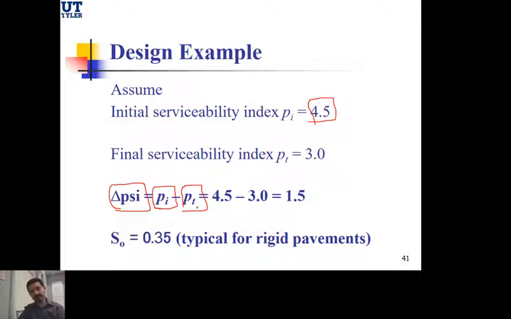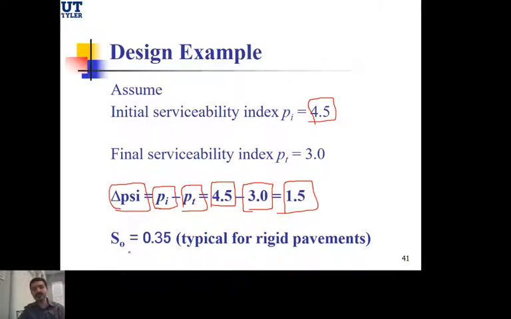So if you go back to this example, it's an interstate. For an interstate, the terminal serviceability determined by the table that I showed you previously is equal to 3. If it was a local street, it can be 2. Somewhere in between is 2.5. In this case, the delta PSI would be 4.5 minus 3, and therefore the delta PSI is equal to 1.5.